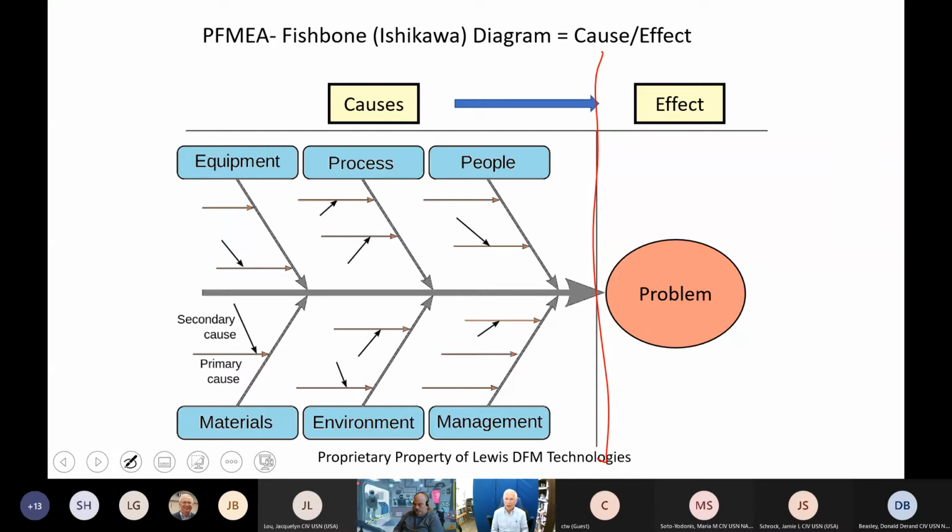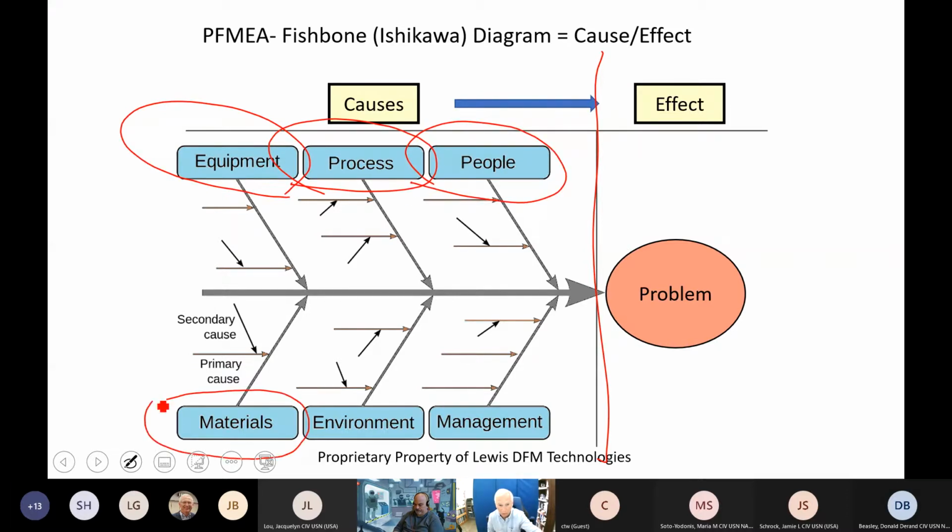We start out at a high level, and we identify anywhere from 6 to 10 high level categories of things that our causes could be contained in and could be coming from. In this instance, we only have 6: equipment, process, people, materials, environment, and management. And these are the big primary causes.